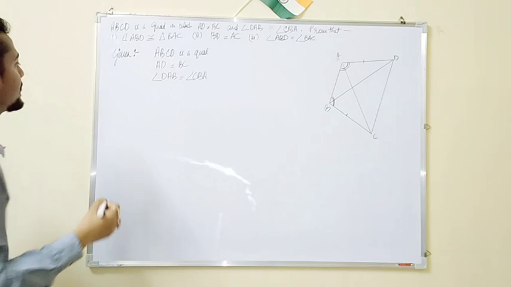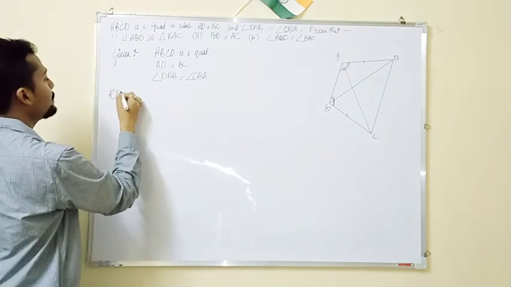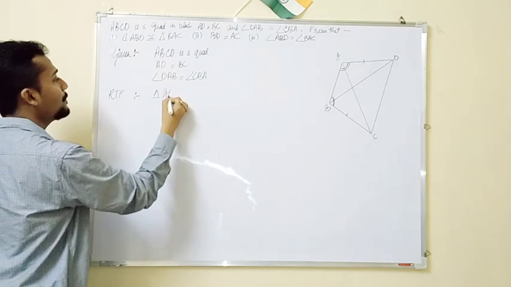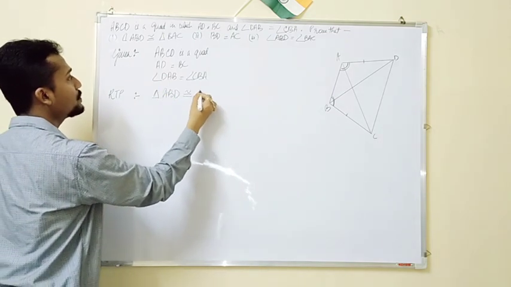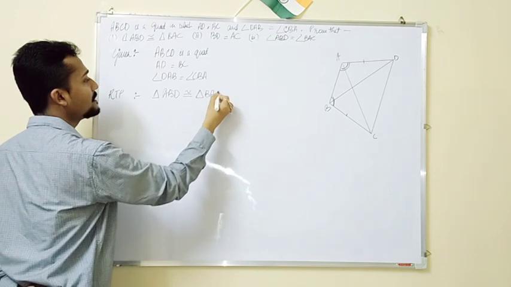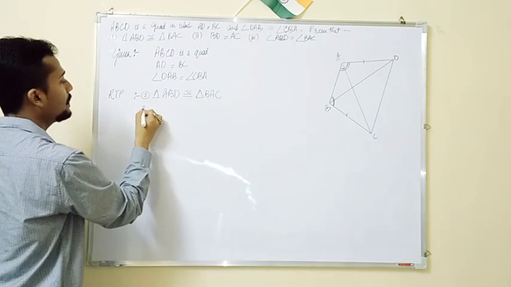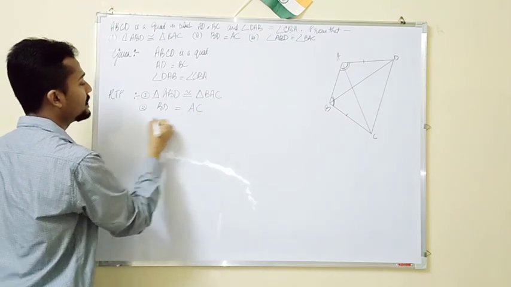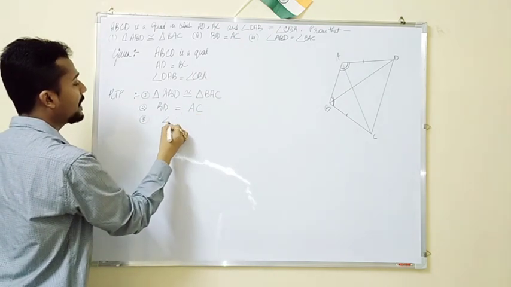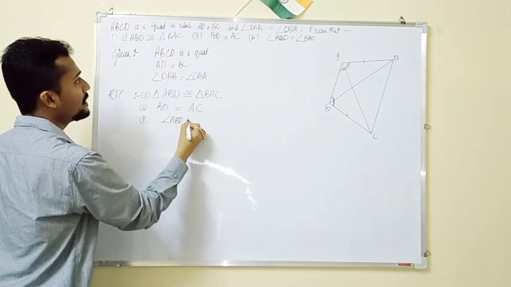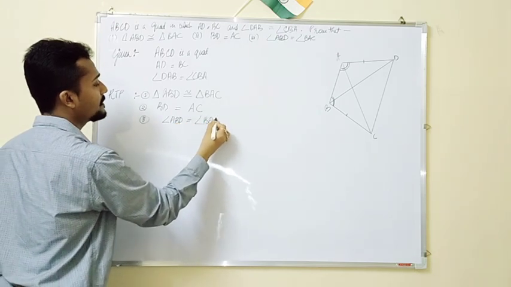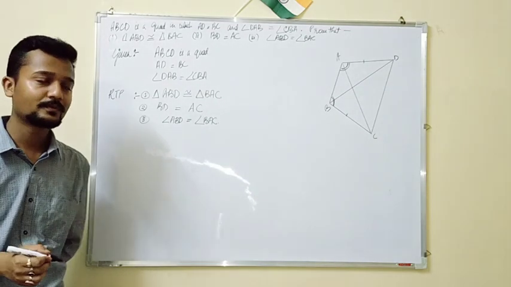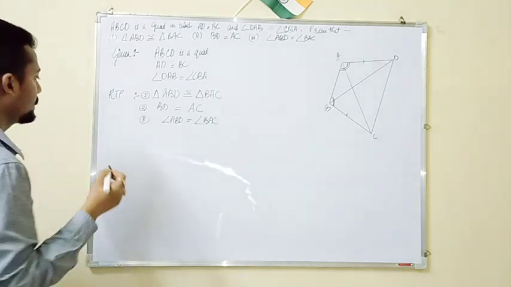Next, required to prove: number 1, triangle ABD is congruent to triangle BAC. Number 2, BD is equal to AC. And number 3, angle ABD is equal to angle BAC. These are the 3 things we have to prove.